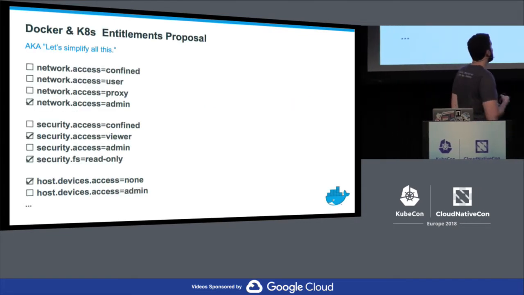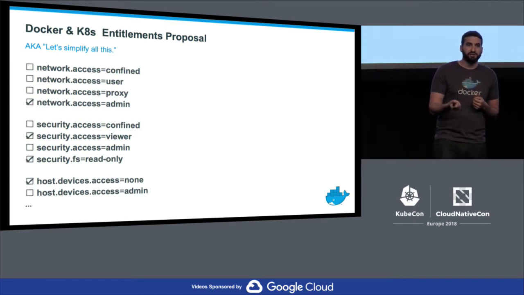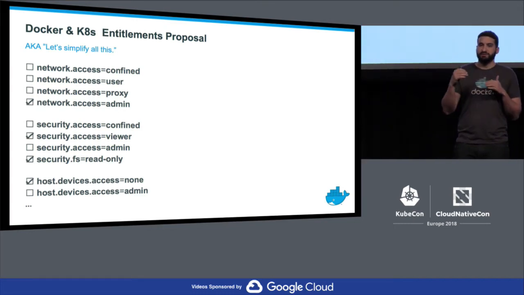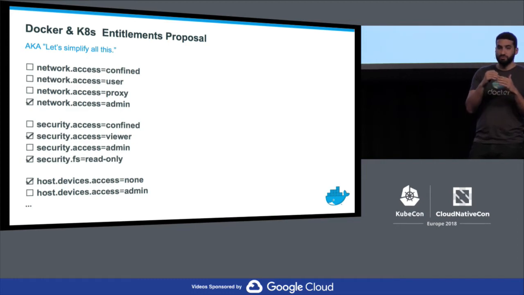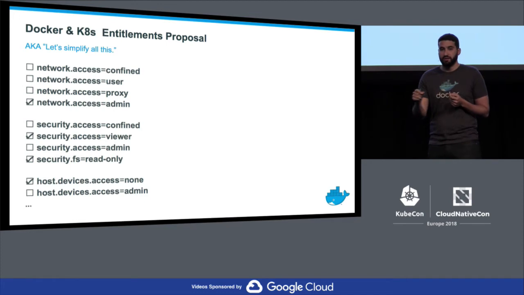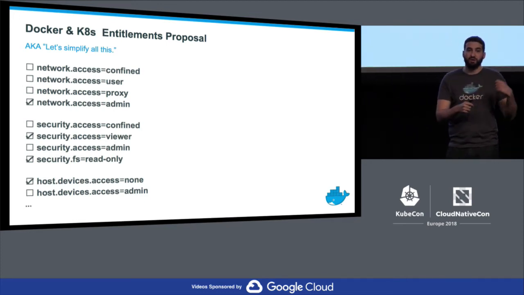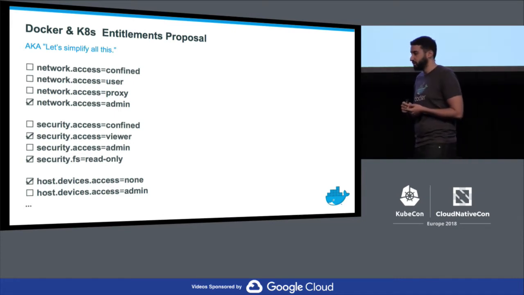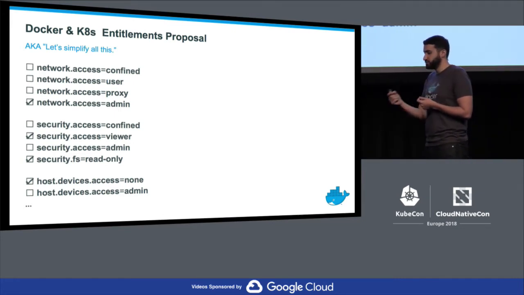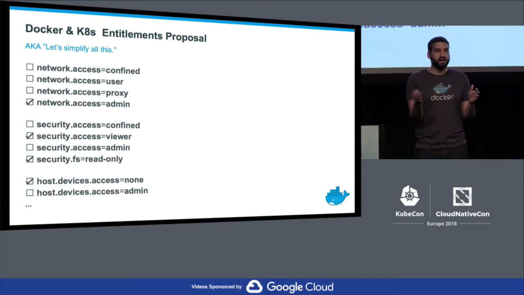So the proposal is basically providing the ability for users to choose between a very simple set of permissions on the CLI when they want to run a Docker container, but also a Kubernetes pod. You have to make sure that the users focus on what makes sense at their level.